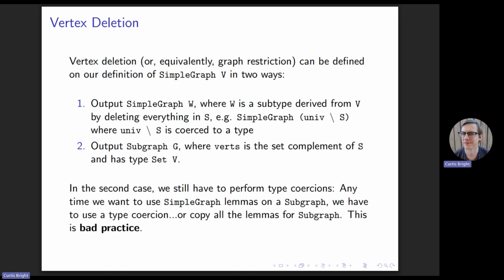If we use the subgraph implementation instead, this will require us to coerce subgraph G into type simple graph every single time we want to use any simple graph lemmas. Or we're going to have to redefine all of our lemmas for subgraphs, which results in a lot of code duplication, which we want to avoid.